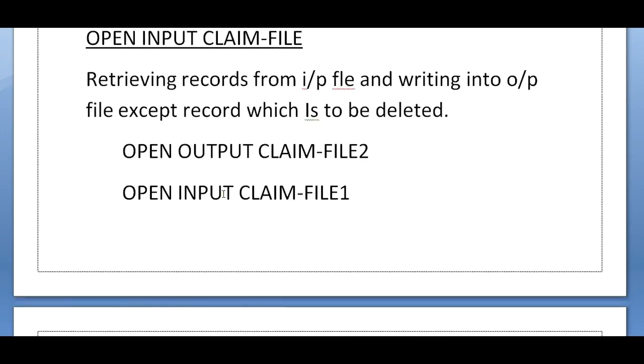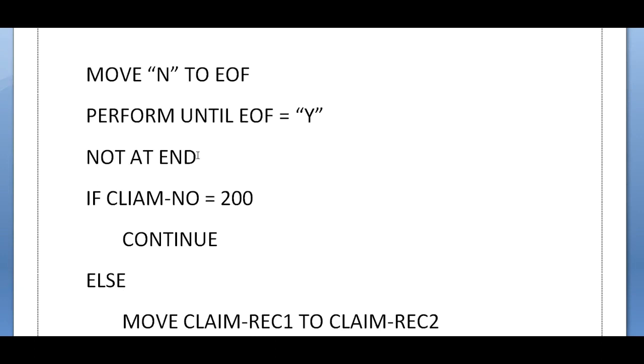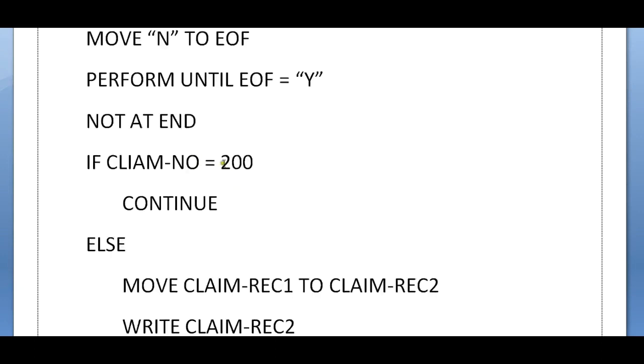And open input claim file, retrieve records from the input file and write into output. So this is the second method: retrieving a record from the input file and writing into the output file except the record which is to be deleted. So open output claim file 2, open input claim file 1, then move N to end of the file, then you just skip whatever records you don't want to write.